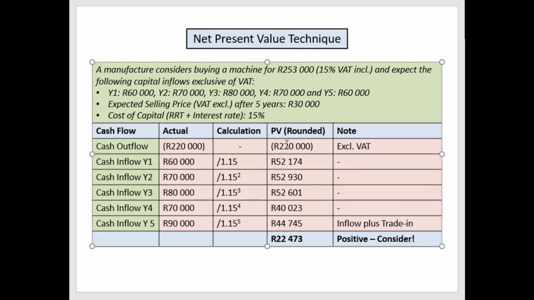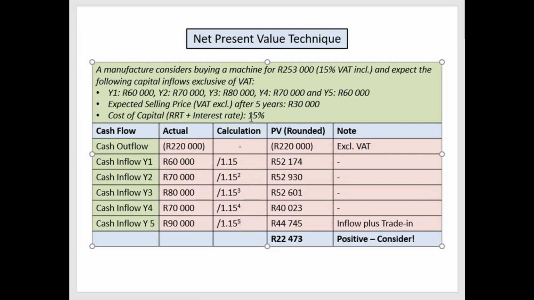Now here's the bottom line. If your answer is positive, it means that the rate that you are getting is more than the 15% that you hoped for. And if it is more, then you say, okay, I can consider this project. If it is negative, you stop right there and then.